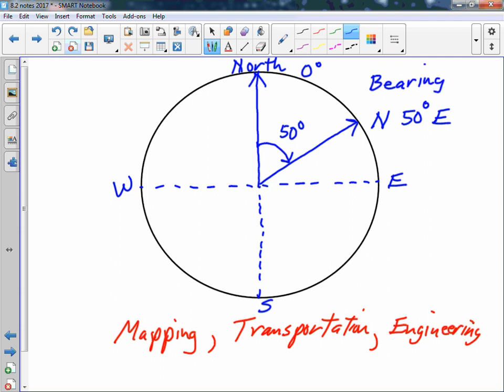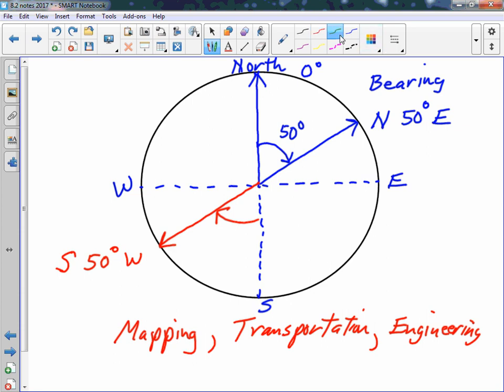So that's no problem, but it gets a little trickier when you start looking at north 50 degrees east has an evil twin down here in quadrant 3, and it would be, you guessed it, south 50 degrees west. Again, not too bad. You start at south and you go clockwise 50 degrees west.